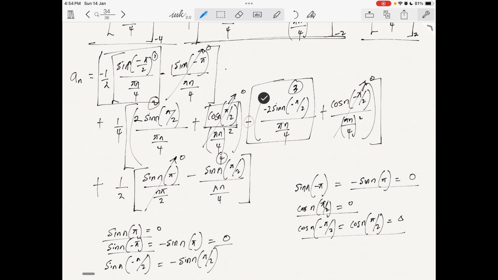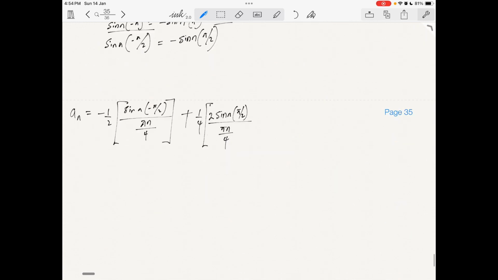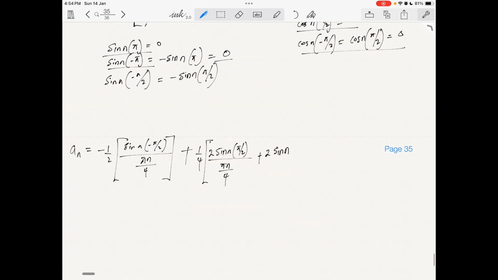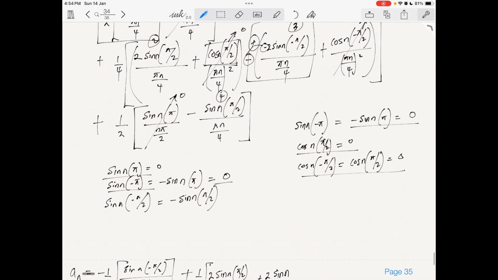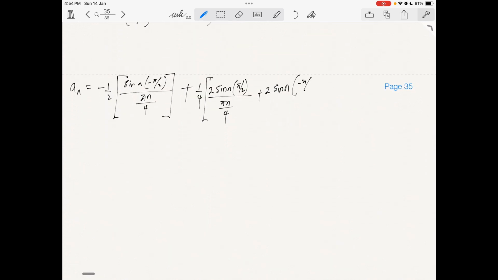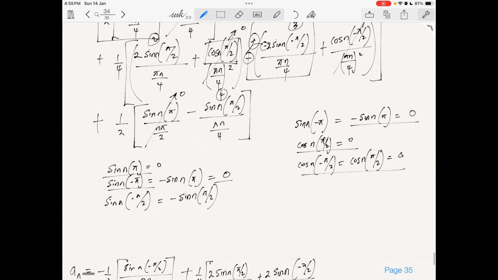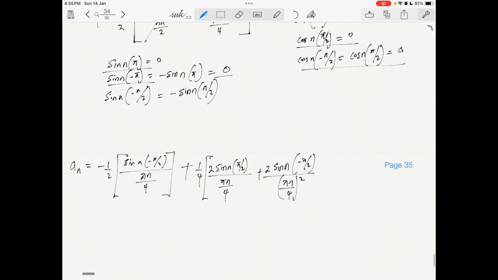Now this minus here cancels this, multiply this minus here, and we'll be left with plus. Okay, so we'll be left with plus 2 sine n into minus π over 2 over πn over 4 whole squared.